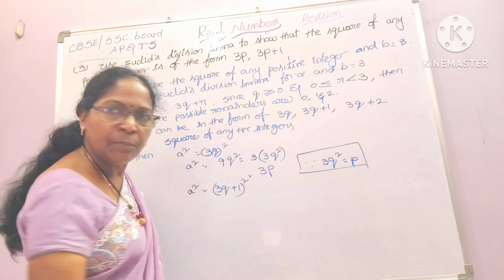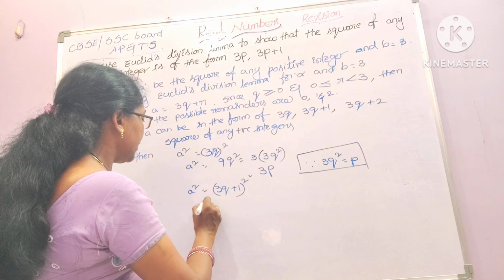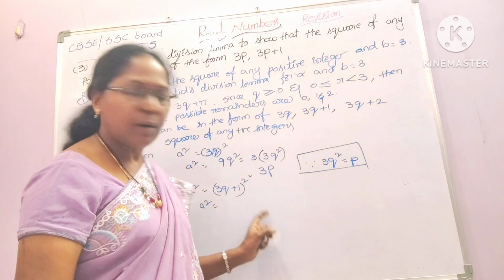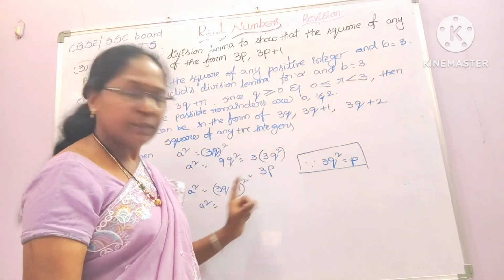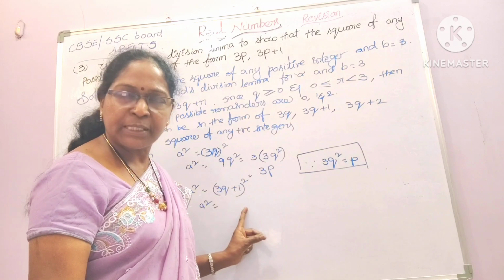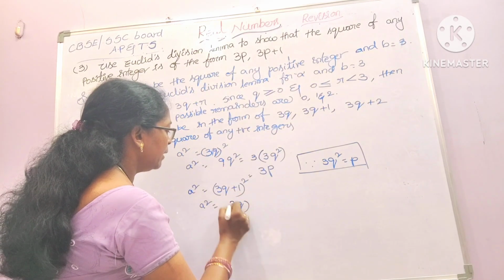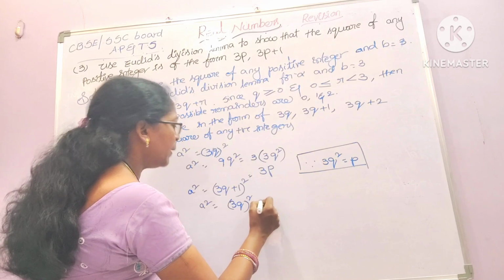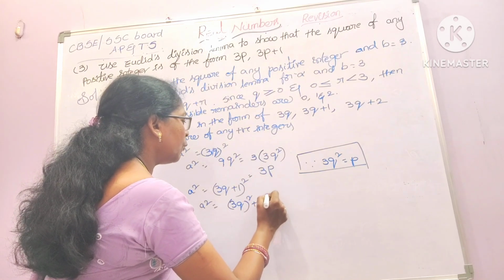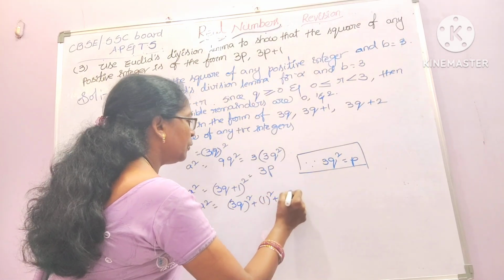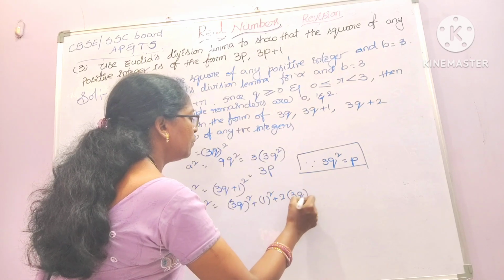Again squaring on both sides, then A square equal to, this is in the form of a plus b whole square. That means a square plus b square plus 2ab. So first you write 3q whole square plus b square, 1 square, plus 2 into 3q into 1.